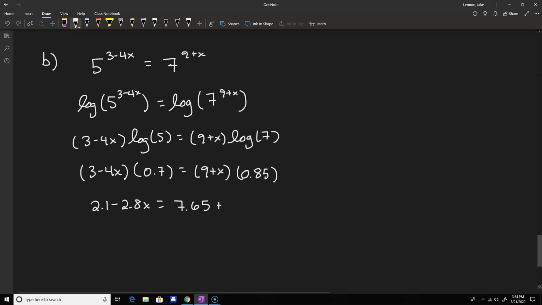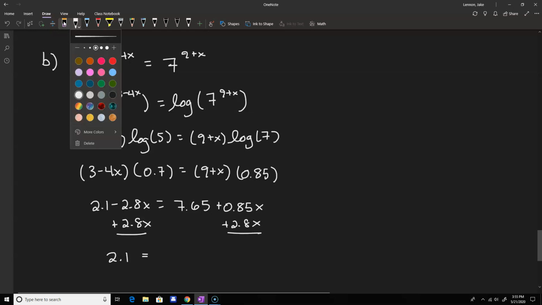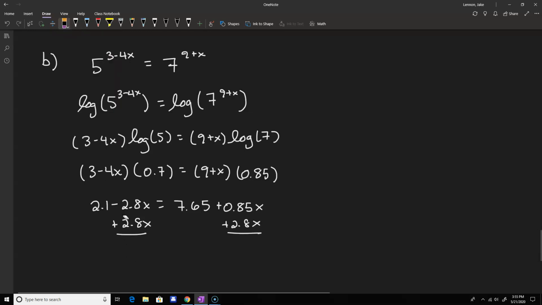plus 0.85x. So I'm choosing to move the x's to the right hand side, so we'll add 2.8x to both sides. Actually, we can do this all in one step, because might as well save some space. Since I'm moving my x's to the right, I might as well move my regular numbers to the left, so I want to subtract 7.65.